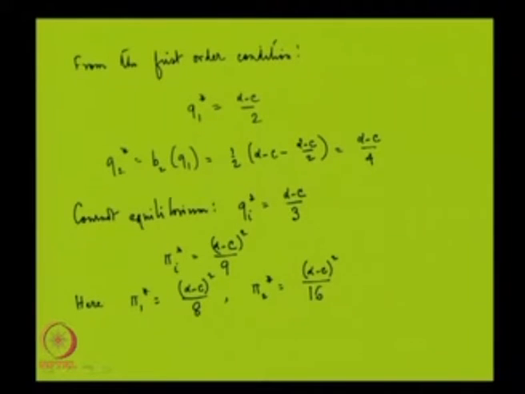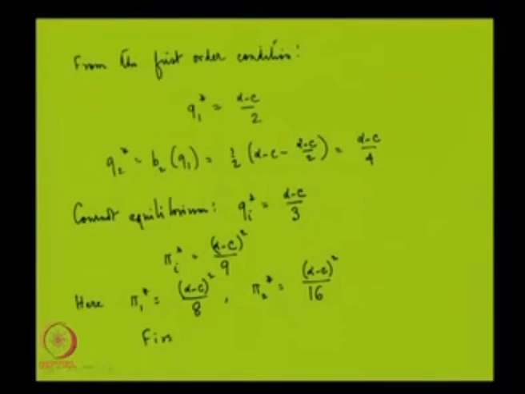So, what it basically means is that firm 1, by deciding its own output in the beginning of the game, is having some advantage over firm 2 compared to the case where they were taking their actions simultaneously, and this is what is known as the first mover advantage.